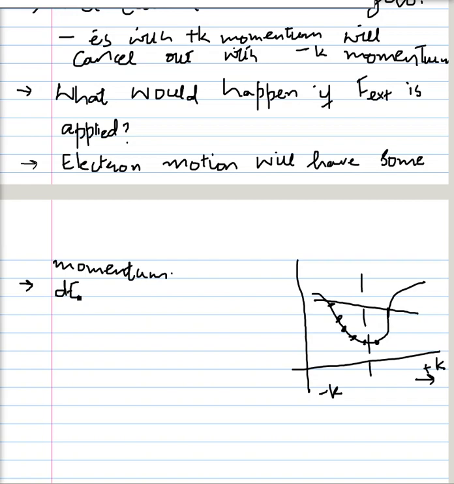Now we can write it as force into distance, that is, if dx is the distance traveled by the electrons, it will go down to F into V into dt, where V is the velocity of the electrons and dE is the increase in energy.